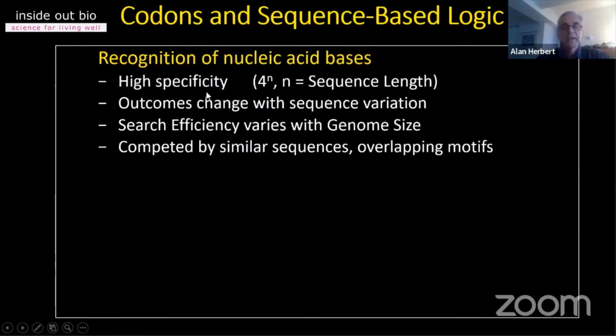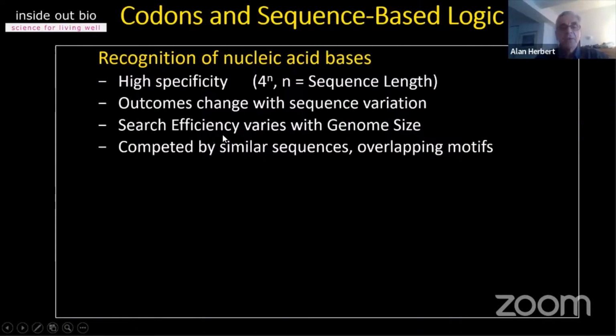So you can give everything a distinct nucleotide barcode, for example, and you'll be able to specify it with high accuracy. The other consequence of using nucleotides is that you can introduce variation by mutation or some other process, and then the outcomes will change depending on what the changes that you make.